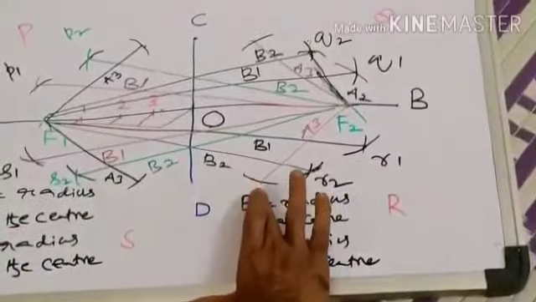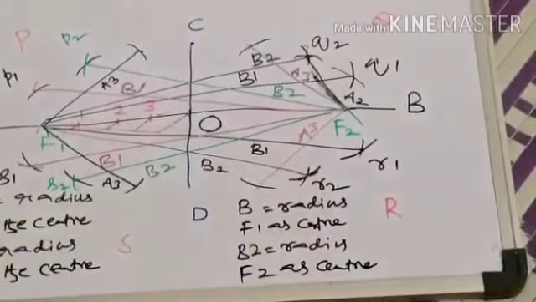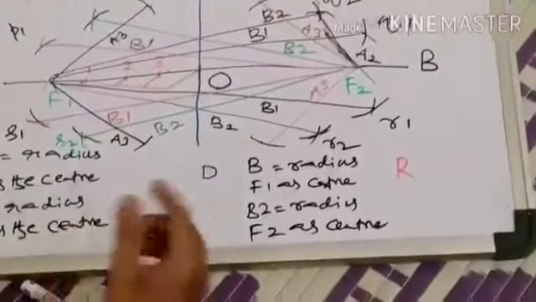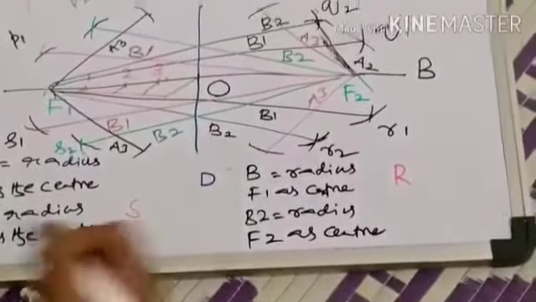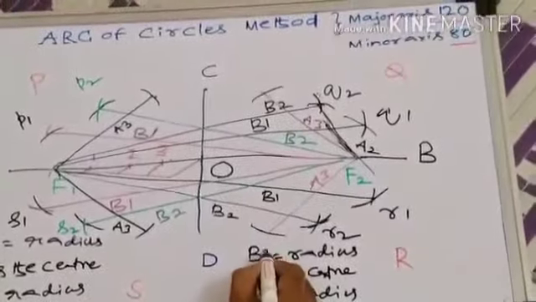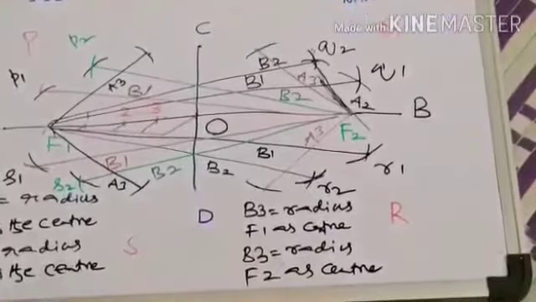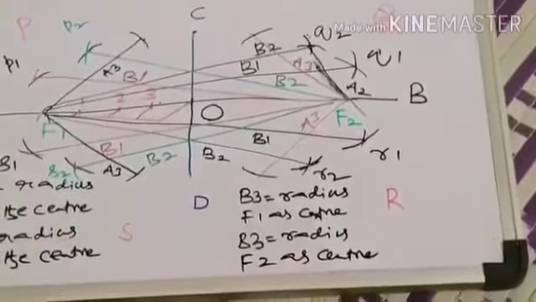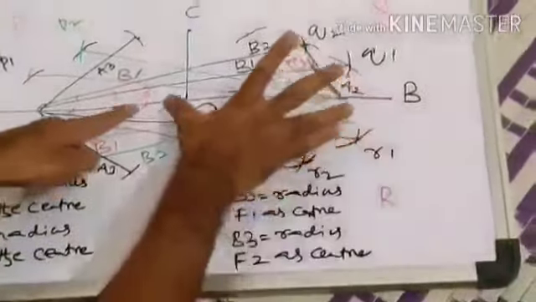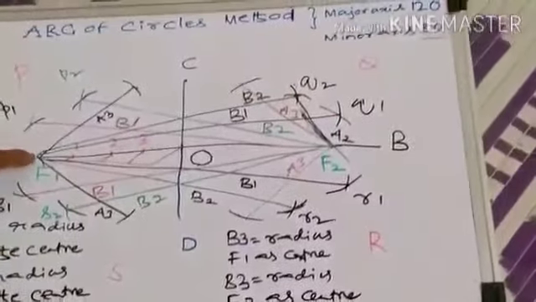After getting these concerned arcs, P portion, Q portion, R portion, S portion, now you have to consider B3 as its radius. B3 is going to be its radius, F1 as a center.